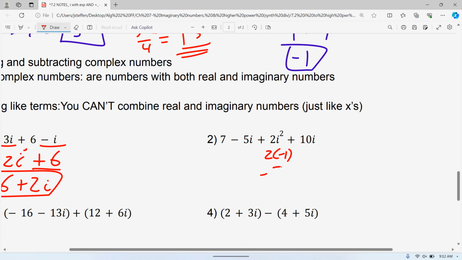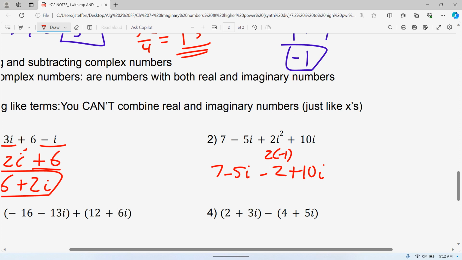So then I rewrite this, the 7 didn't change, the 5i didn't change, and the 10i didn't change. And now I solve that problem. So always, if there's an i squared, I change that to a negative 1 before I do anything else. There's other ways to do it, but I like that way best.